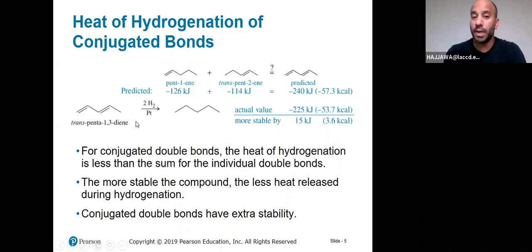But in reality, the actual value is 225, so it's 15 kilojoules less. And that tells me that the conjugated diene is more stable than having isolated double bonds.